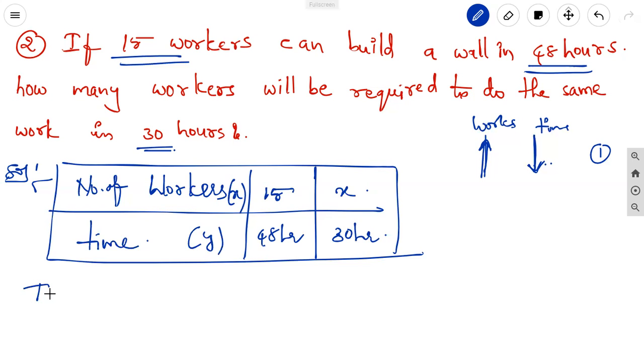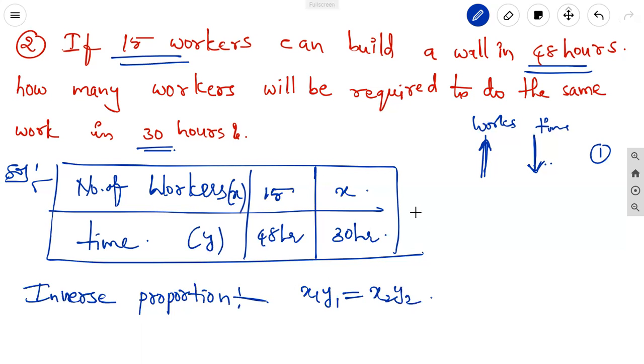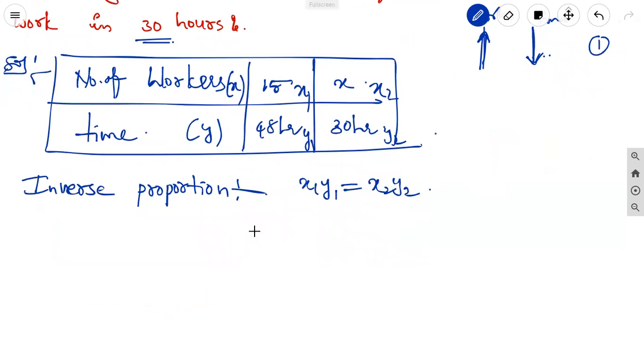This is clearly an inverse proportion relation. The relation of inverse proportion is x1 y1 equals x2 y2. Here this is x1, y1, x2, y2. So substitute: 15 into 48 hours equals x into 30 hours.